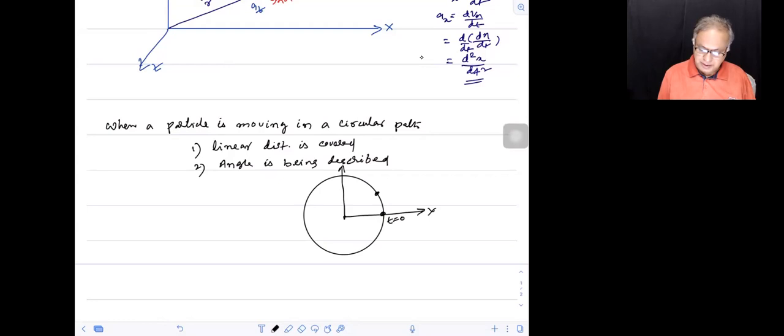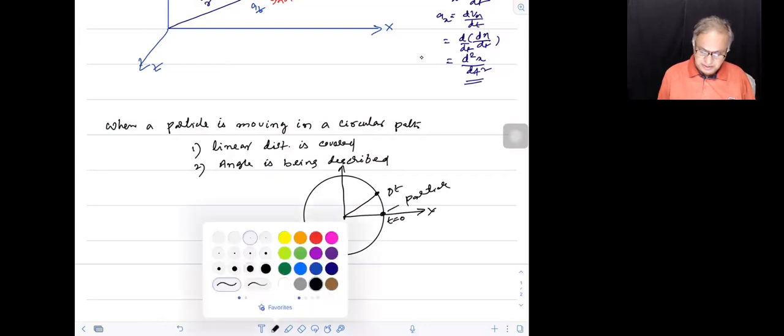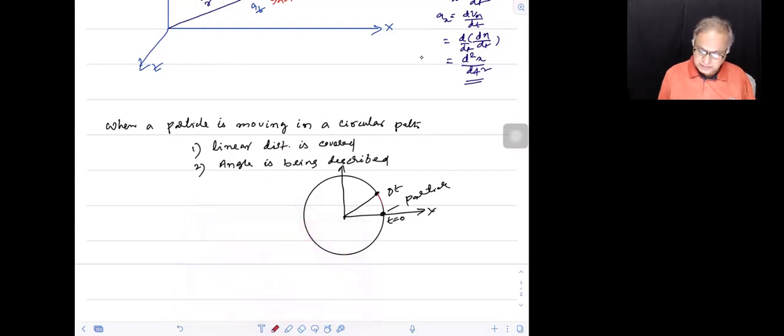In delta t time, the particle is there. This is my particle. So in a delta t time, it has described a linear distance of delta s and an angular displacement, some angle is being described, that is delta theta. That's what you mean by saying that linear distance is covered, angle is being described.